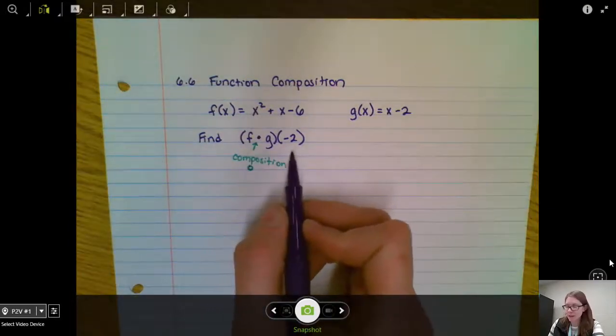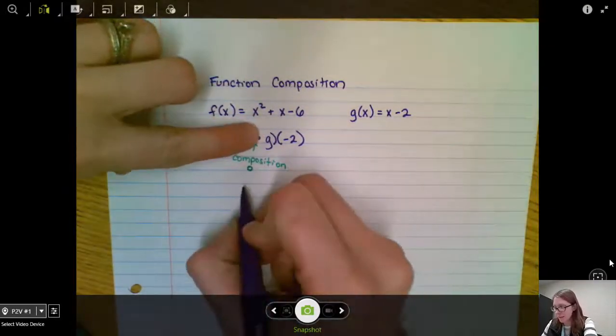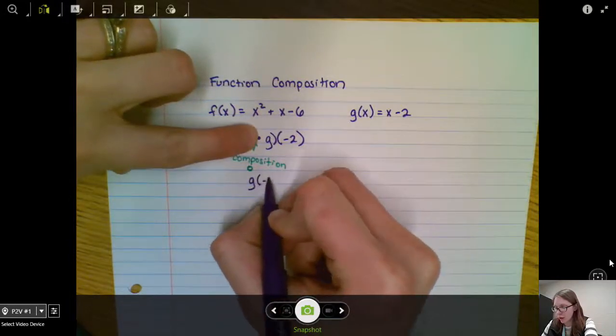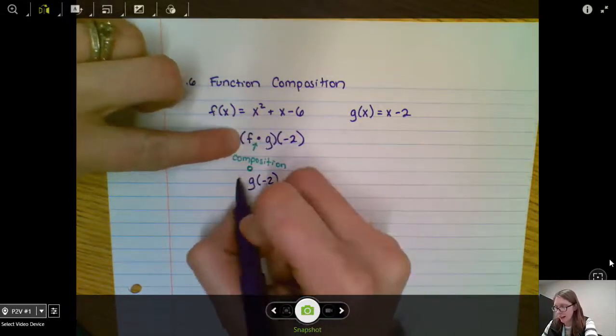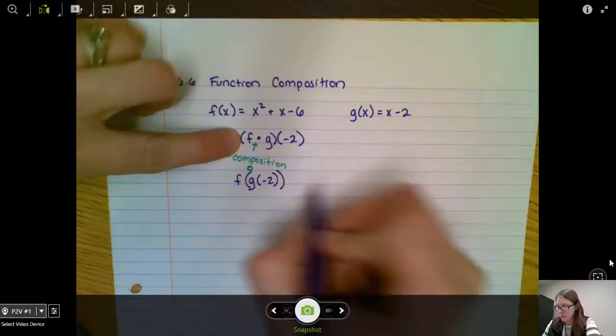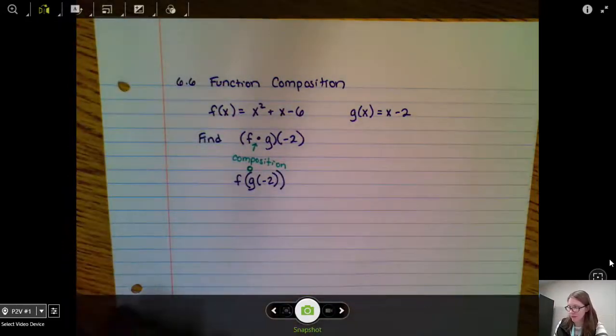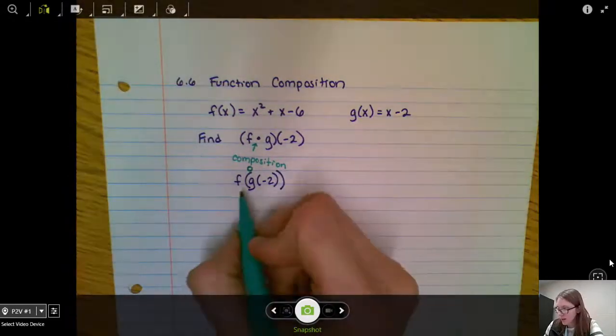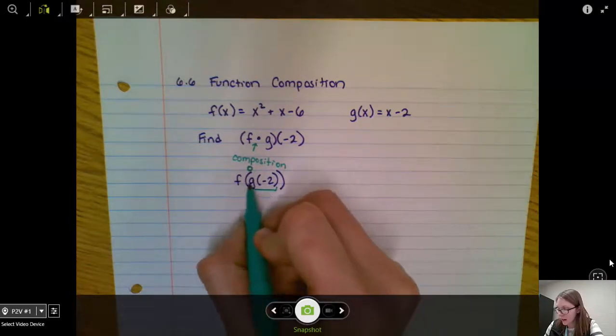This function composition really means I need to find g of negative 2 first, and then plug it into f. So again, we find g of negative 2 first.